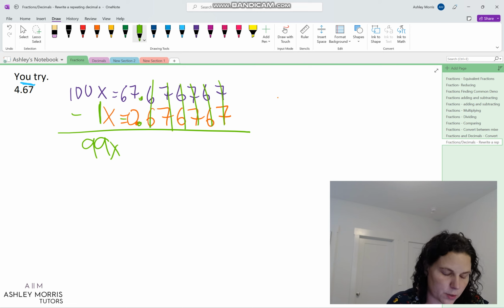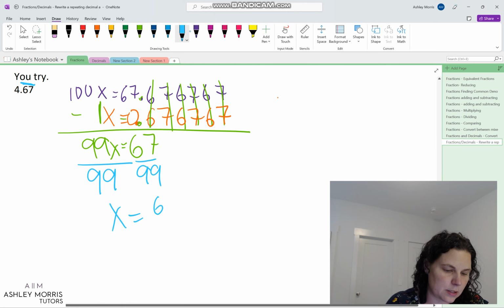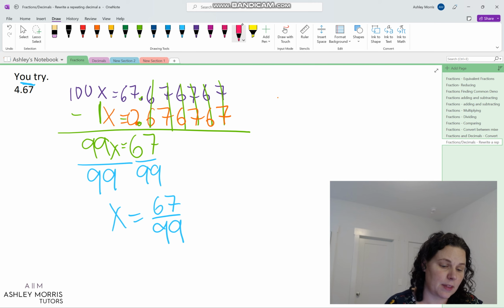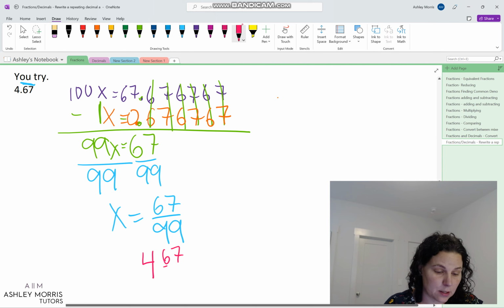There's my decimal, so we're good. 67. And then we're going to divide by 99. And I get x equals 67 over 99. And then remember there's that 4 out front. We can't forget it. They will be very sad if you forget them. So we're going to put the whole number back out front of our fraction.